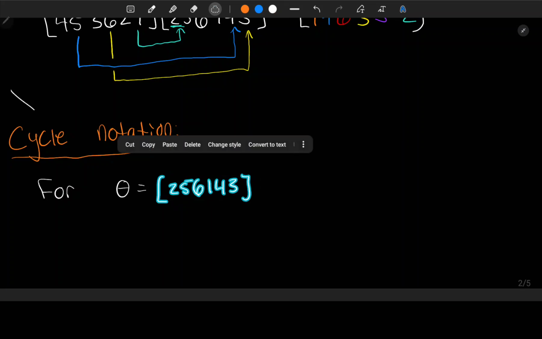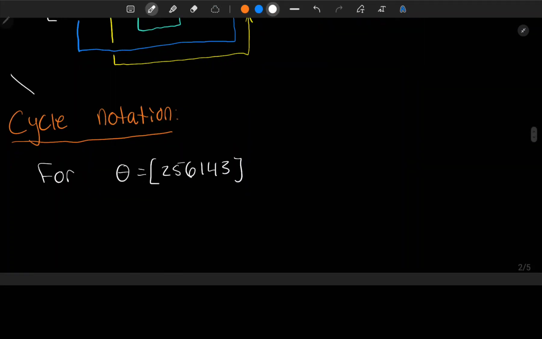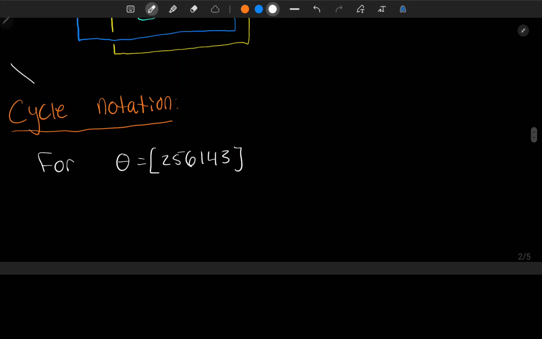And what we notice is that what was A becomes B. And that's because of the one-line notation. Recall that this acts on A, B, C, D, E, F.